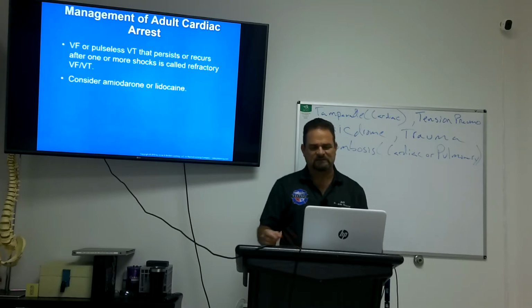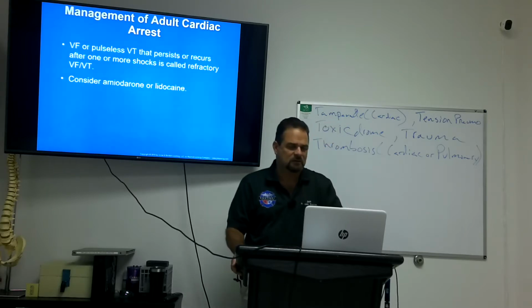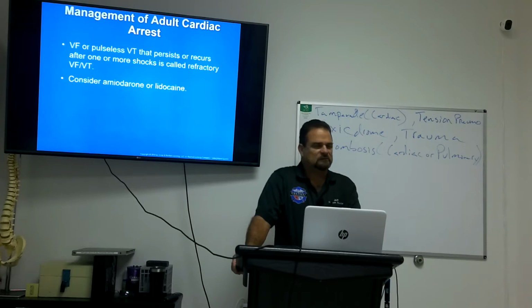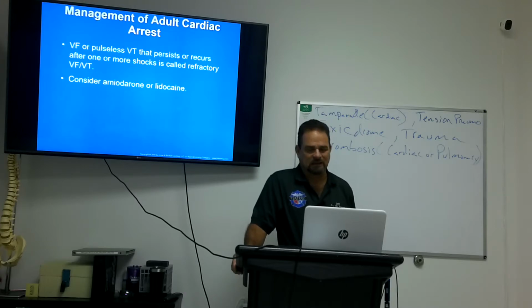VFib or pulseless VTAC that persists or recurs after 1 or more shocks is called refractory VFib or VTAC. An antidysrhythmic such as amiodarone or lidocaine may be considered. Lidocaine is considered, amiodarone is considered, both have different dosages.